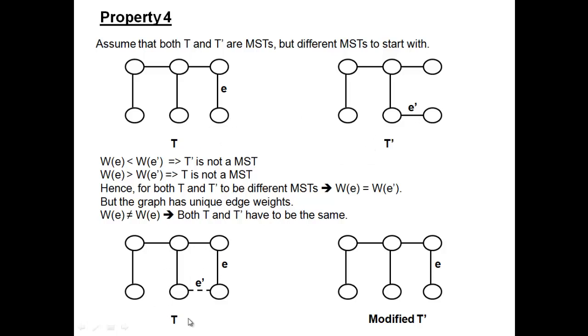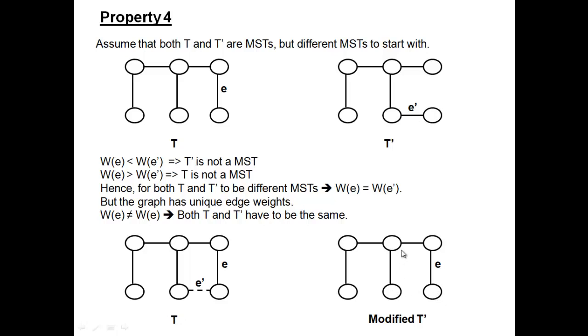Now we want to decide which among these two edges has a smaller weight. If the weight of E is less than the weight of E prime, then I could, as I just said, put E here and remove E prime, right? Like this.